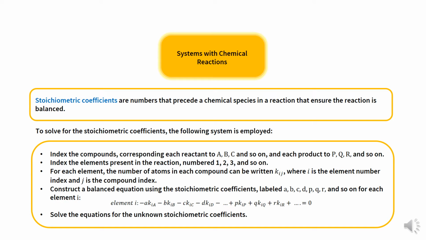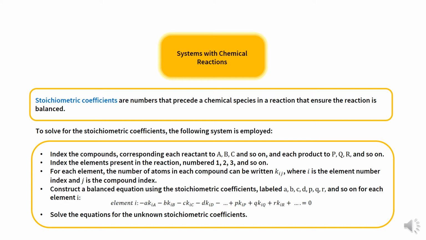For solving the stoichiometric coefficients, we can follow a system. First, we index the compounds, corresponding each reactant to A, B, C, and so on, and each product to P, Q, R, and so on. Then we index the elements present in the reaction, giving numbers 1, 2, 3, and so on.